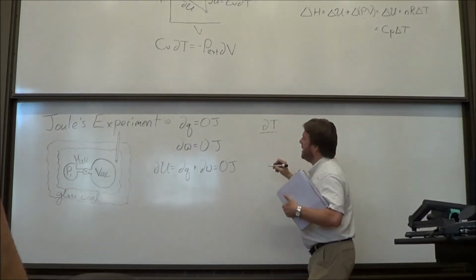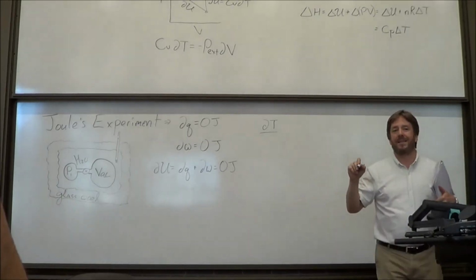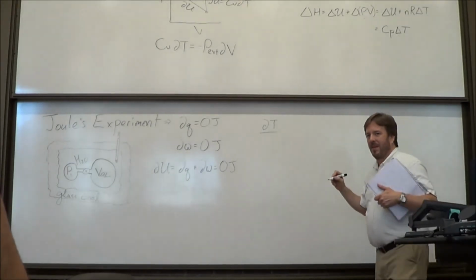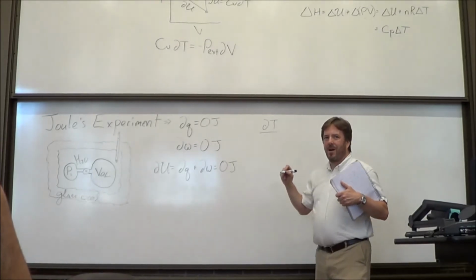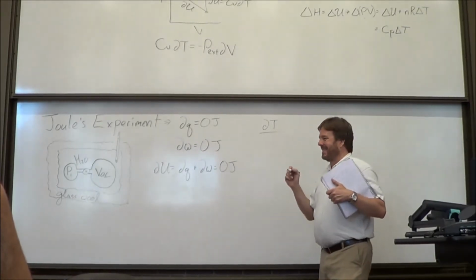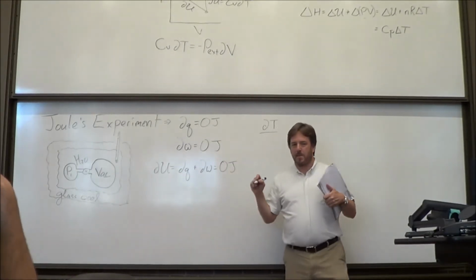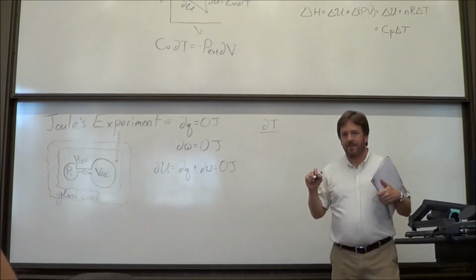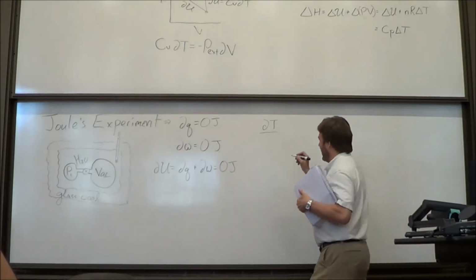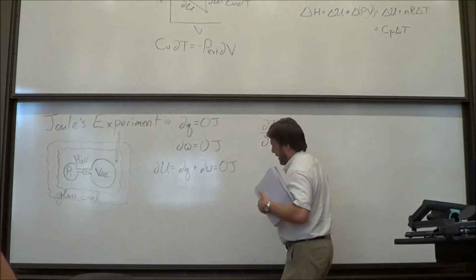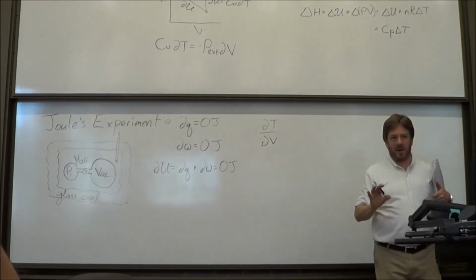Now the change in T is occurring because of a change in what? Now remember, U is friends with what, V or P? V. V is its natural variable. Besides, he built the thing, he knows exactly what the volumes are.